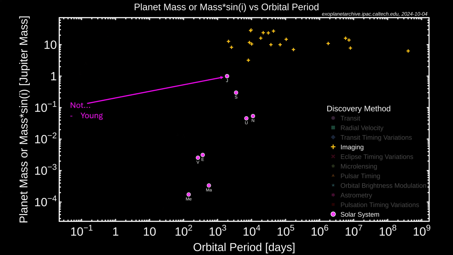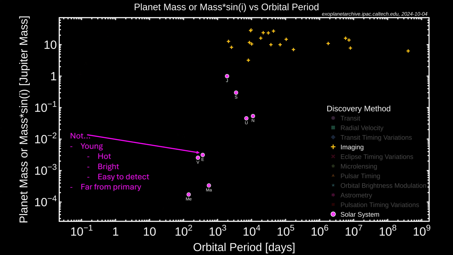It is really dim in comparison to those bright imaging planets. And if we want to look for something like Earth, it is none of those things. It is not young, it is not bright, it is not far from its primary star. So if most of our direct imaging campaigns happen in the infrared, in order to see these different planets, we have to go and look somewhere else.